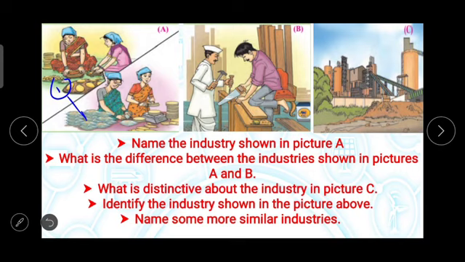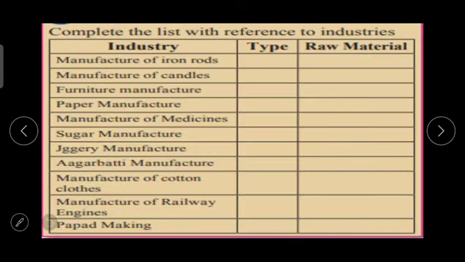What is distinctive about the industry in picture C? Then identify the industry shown in picture above and name some more similar industries. You people just go through the pictures and answer the questions.